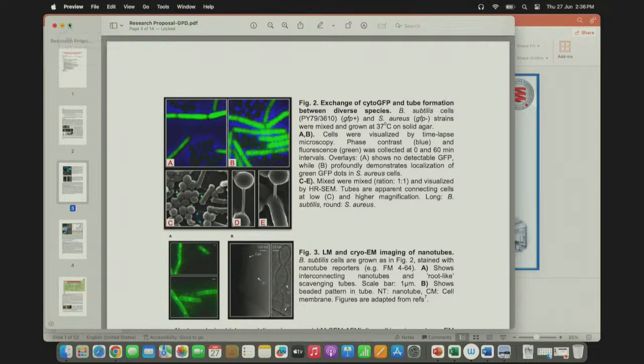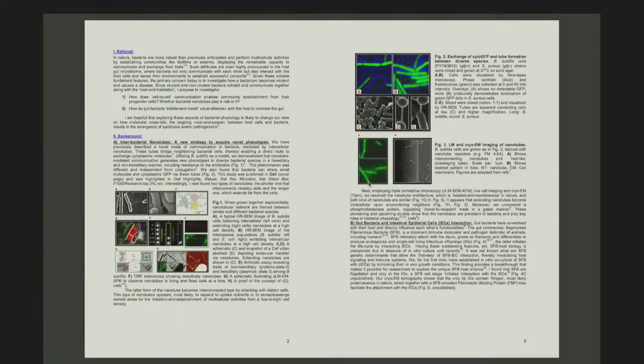It was even hard to get because they are 70 nanometers thick, so it's hard to go through it.